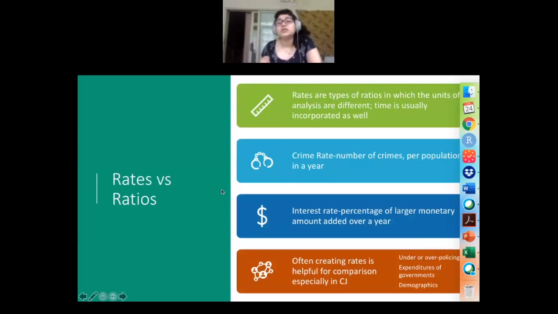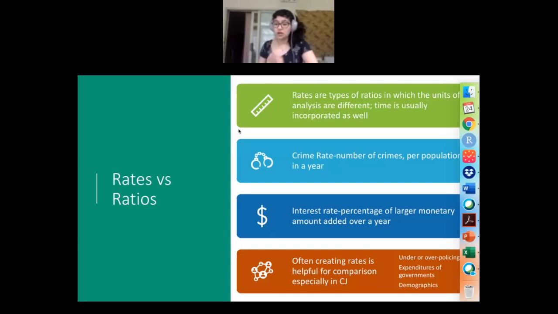And so getting into rates versus ratios. In math, rates and ratios are very much different, but in social sciences, they bleed more into each other. Rates are types of ratios in which the units of analysis are different, and time is usually incorporated into it as well.